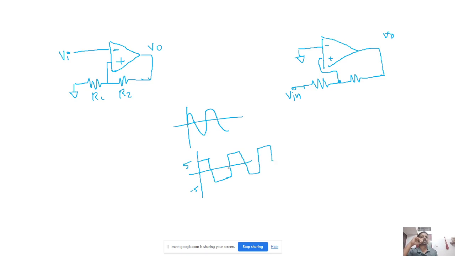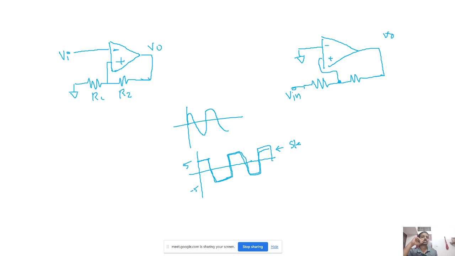The output is some square wave. If the output continuously changes from plus 5 to minus 5 without any intervention, the output is not stable. It varies from time to time, so it has an unstable state.